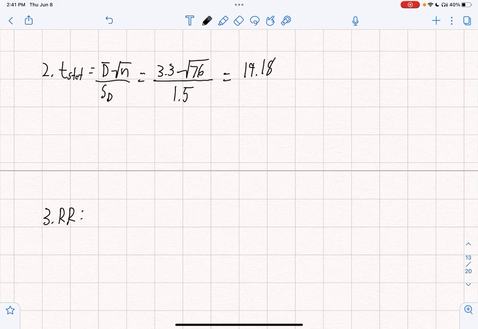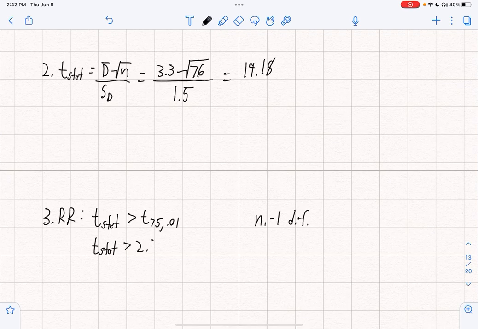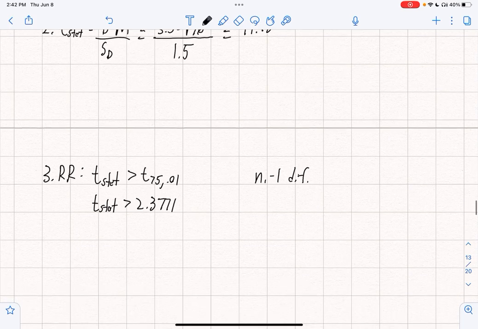So we will have T stat bigger than t with n minus 1 degrees of freedom, 75, 0.01. If we look this up in our table, it's 2.3771, or of course using Excel.